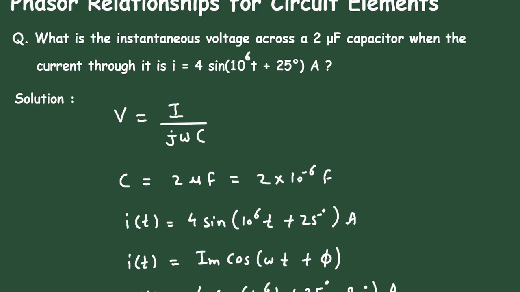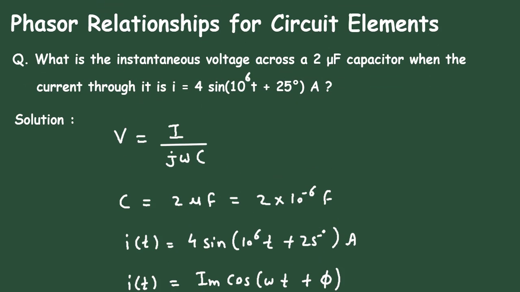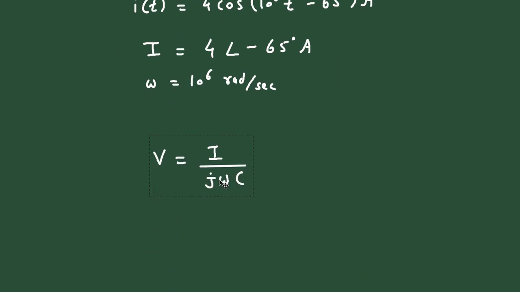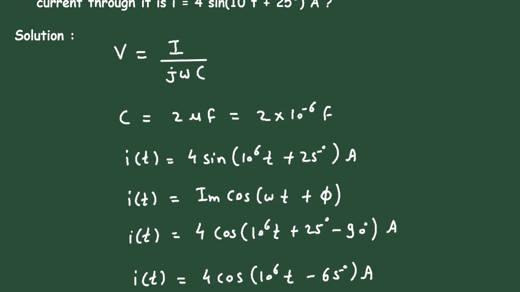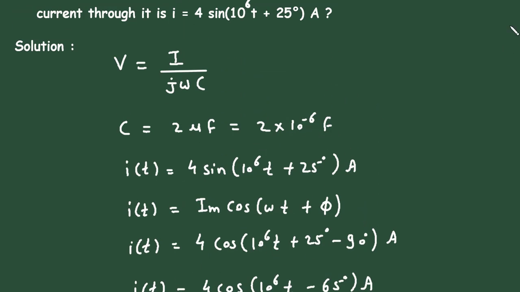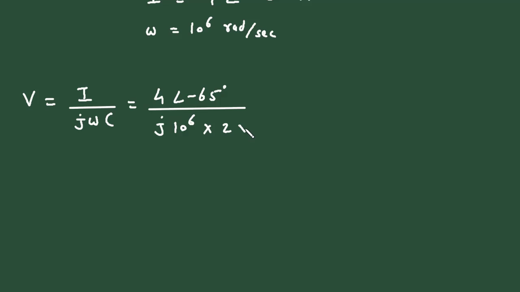Now we can directly solve this. Let's take this formula and substitute the value of I. It is 4 at an angle of -65 degrees divided by j into omega. The omega value is 10^6 multiplied with the capacitor value, 2 × 10^-6.